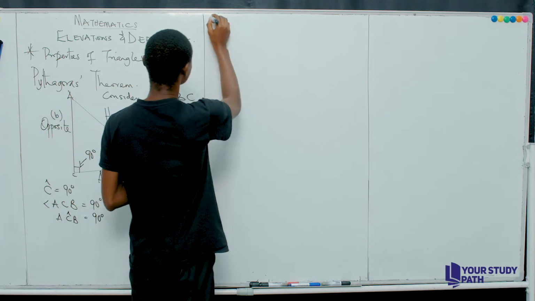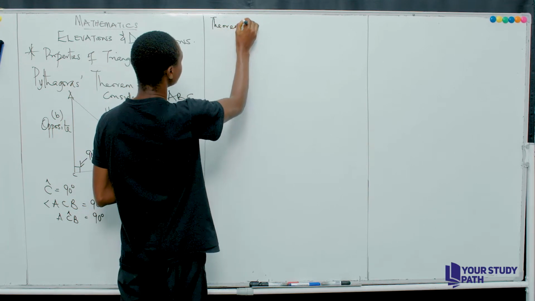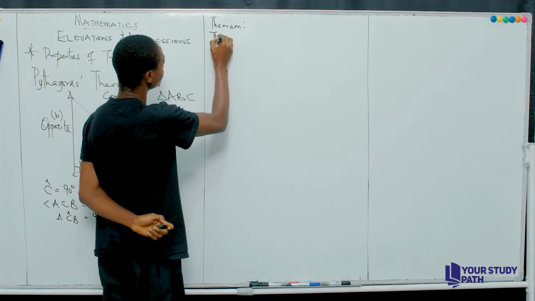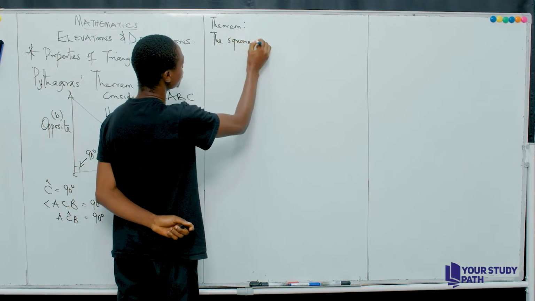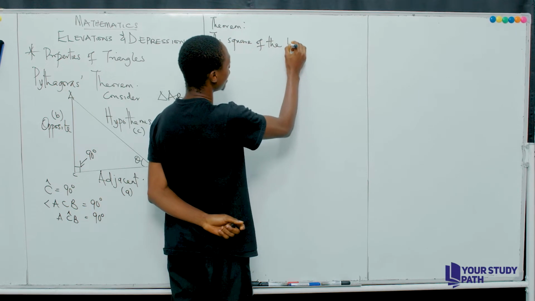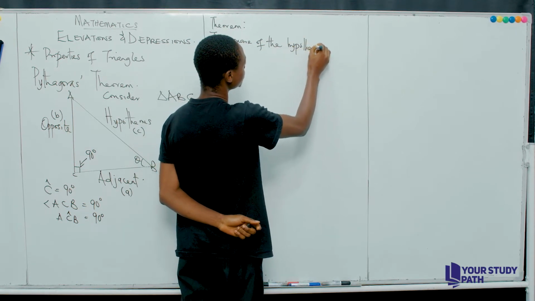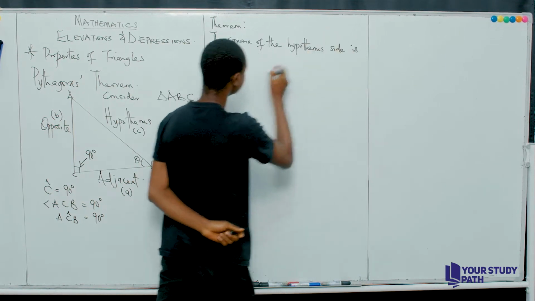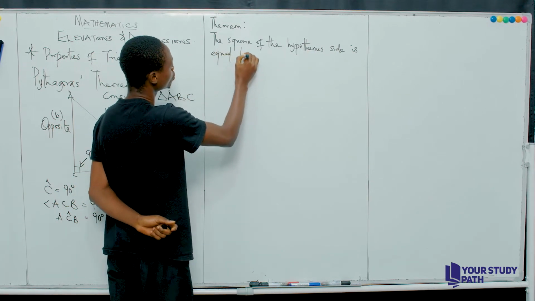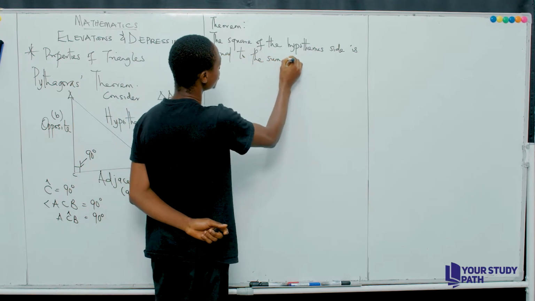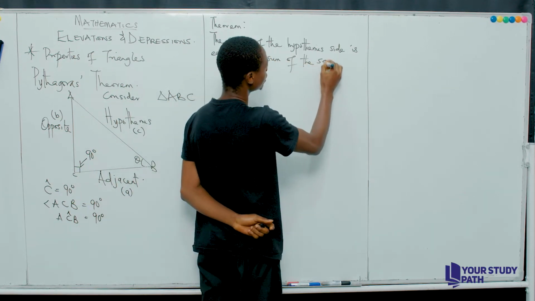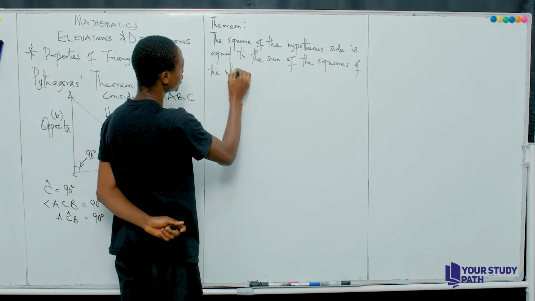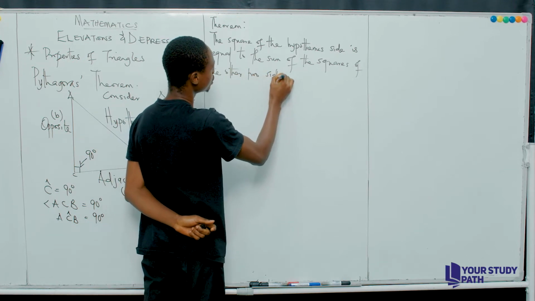The Pythagoras theorem says that the square of the hypotenuse side is equal to the sum of the squares of the other two sides.